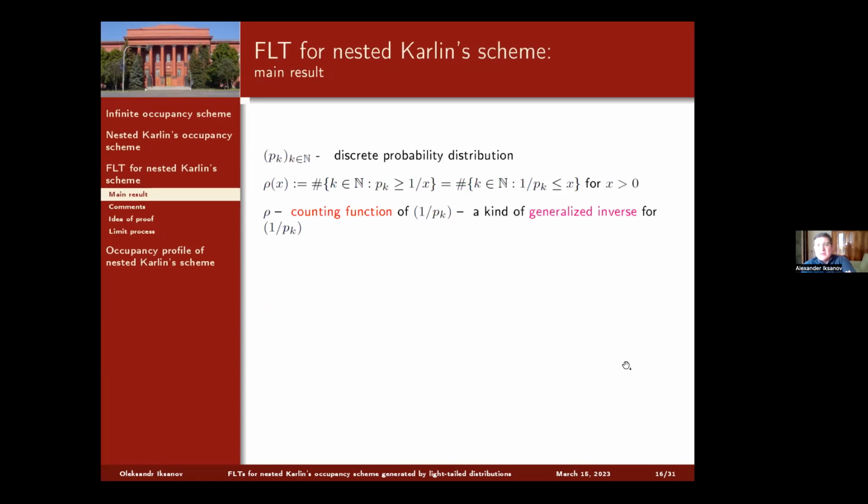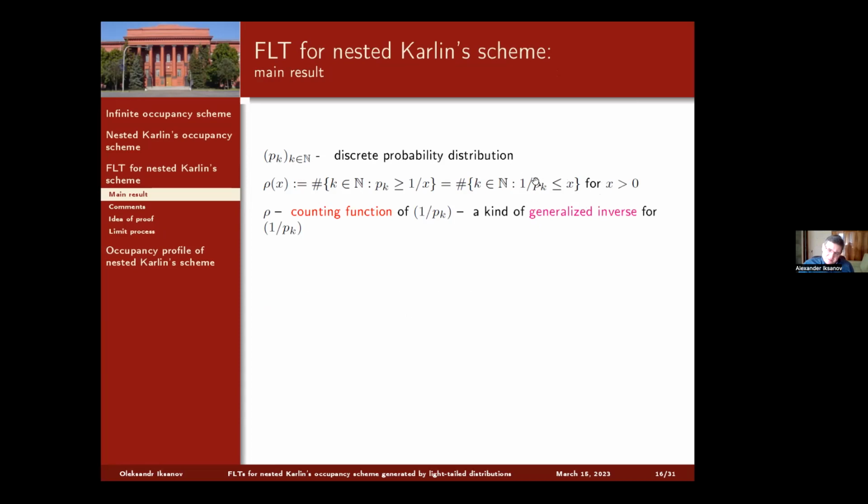And now I am passing to the discussion of our main results. To this end, I need to introduce some additional notation. So p_k denotes our basic discrete probability distribution. And now I denote by rho the counting function of the sequence 1 over p_k.